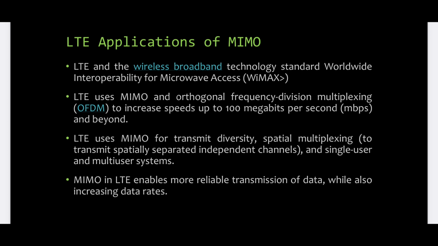MIMO in LTE enables more reliable transmission of data while also increasing data rates. In spatial multiplexing MIMO, the data is separated into individual streams before transmission. During transmission, the data and reference signals travel through the air to a receiver that will already be familiar with these signals, which helps the receiver with channel estimation.